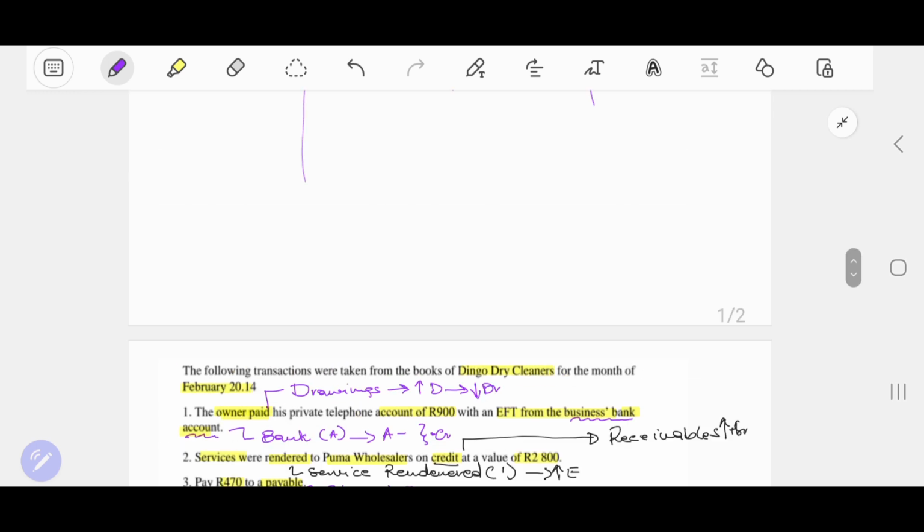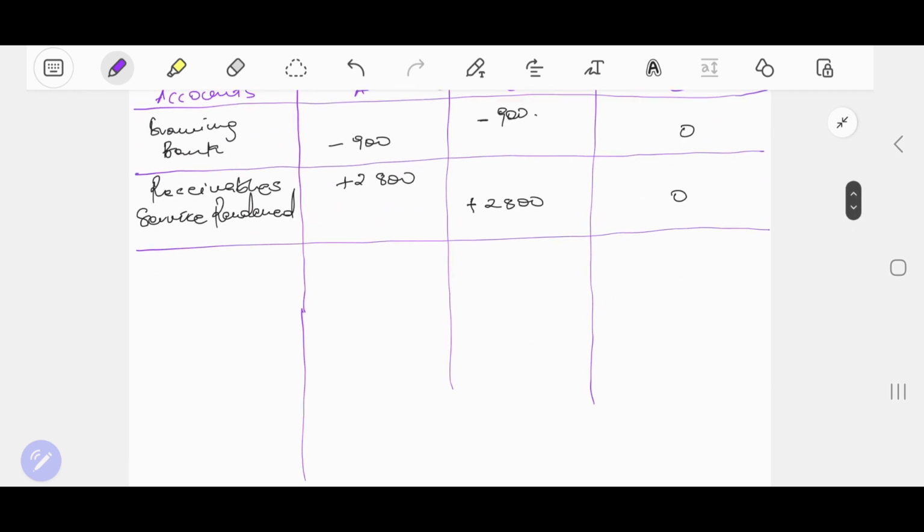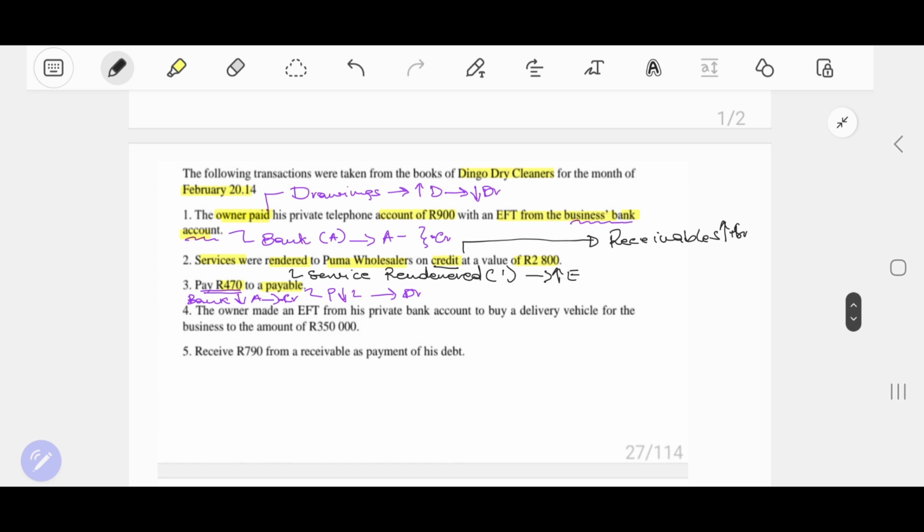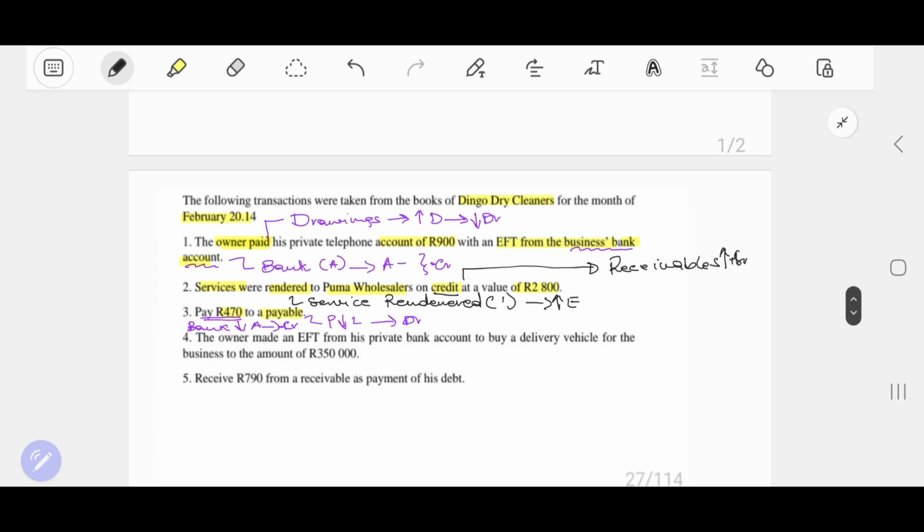And then, how do we then record this? We are going to say payable and bank. And then bank goes down and payables go down.